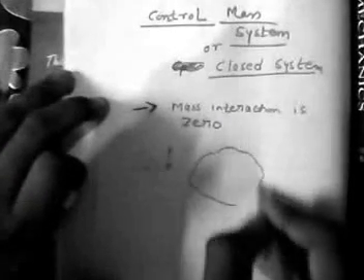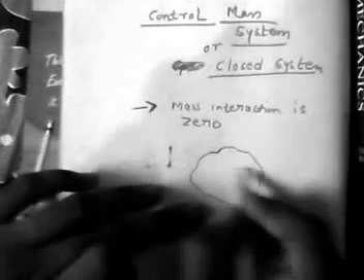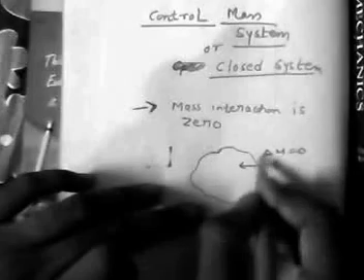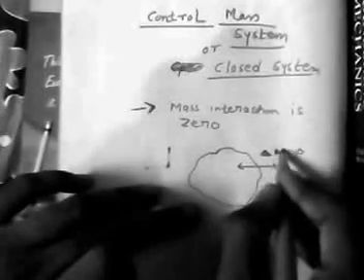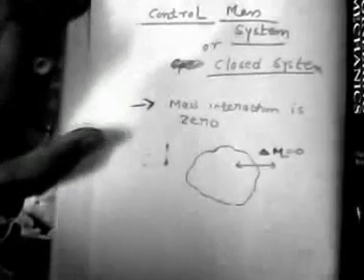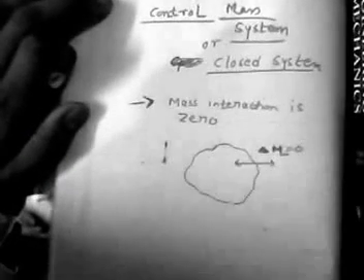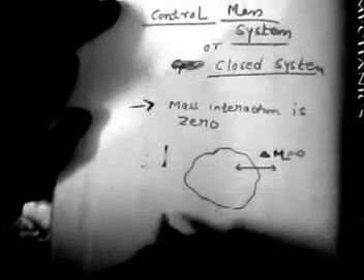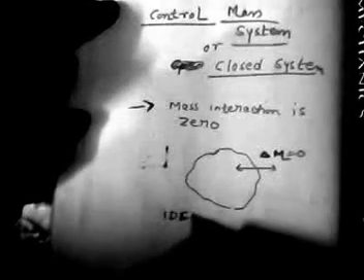is 0. That means if you consider this a system, the mass interaction across the boundary is 0. That means no mass is interacting across the boundary. Another important thing is that the identity and the quantity of this mass remain fixed.